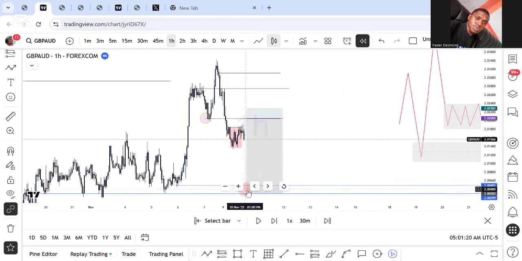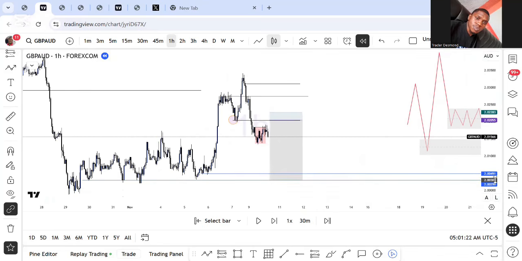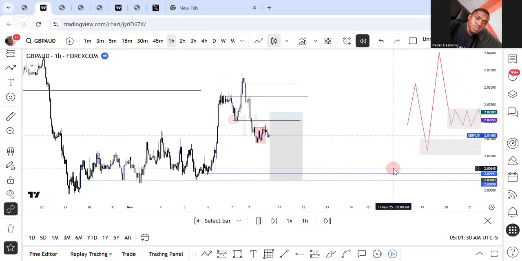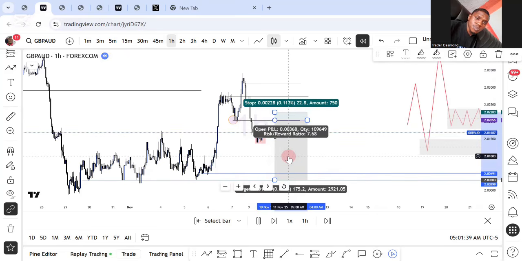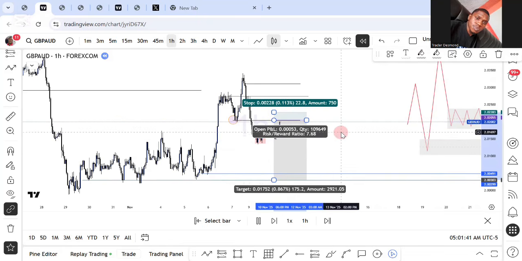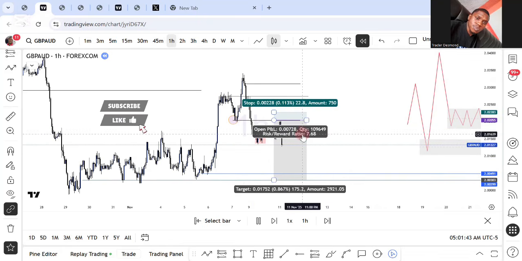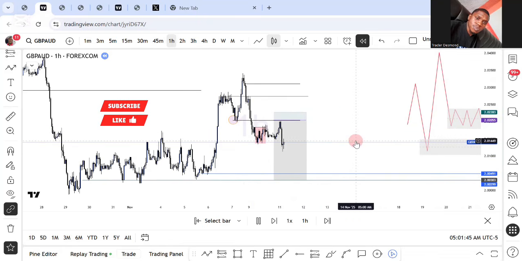So after I've set all my things, let's see how it plays out. Let me play it and see how this market plays out. So this was an 8 RR on GBP AUD. It was a perfect setup for us, very perfect. So, yes, let's see.